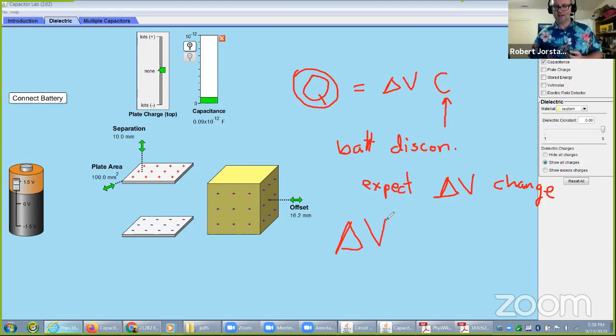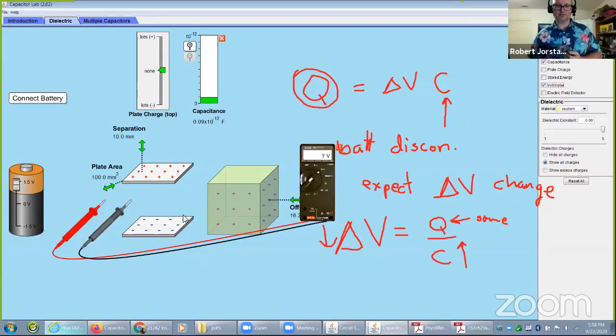Delta V is equal to Q over C. And so now, if Q stays constant and the capacitance goes up, the voltage must go down. Let's get out our voltmeter and check it. So this is counterintuitive to people.